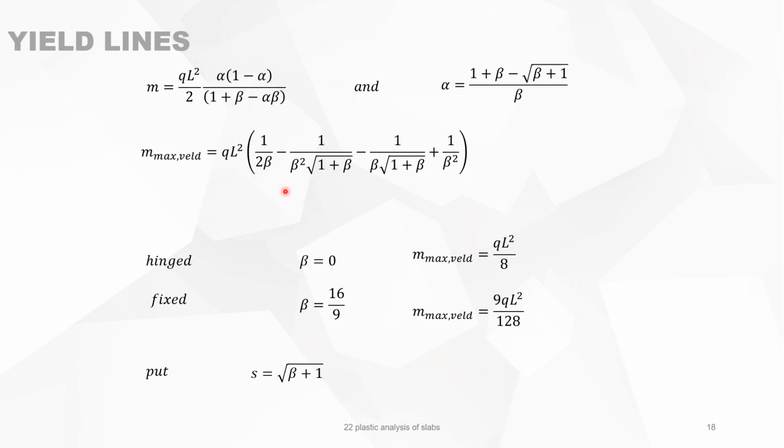It's a limit, and I can prove it by putting parameter S equal to the square root of 1 plus beta and substituting it in this equation. Then the maximum sagging bending moment equals QL squared over 2 times (S plus 1) squared. You see easily that when beta is 0, S is 1, and then you get QL squared over 8. This is a nice formula to solve our problem.